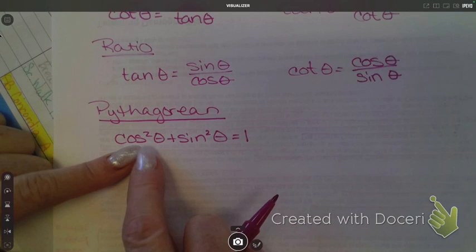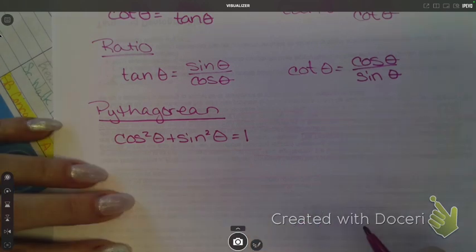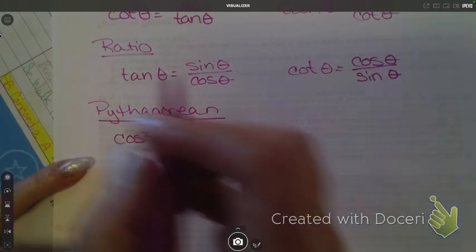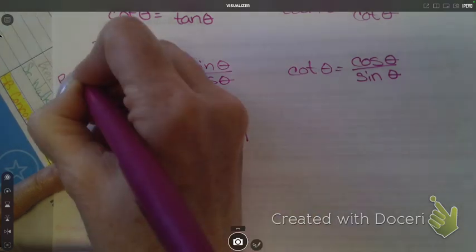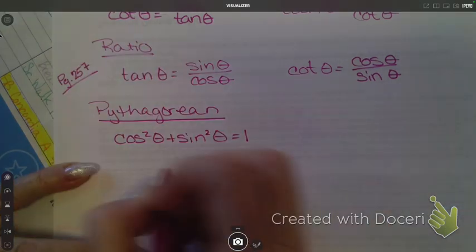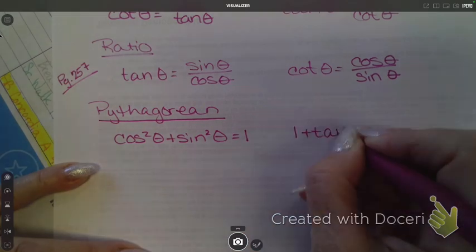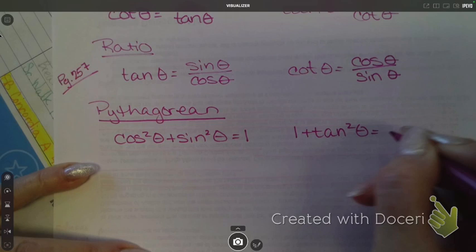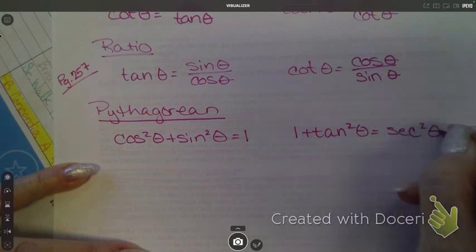This chart is on page 257 if you guys want to look at it more. Then 1 plus tangent of theta equals secant of theta, and these are squared. I'm not saying the squared, and I should. And 1 plus cotangent of theta equals cosecant of theta.